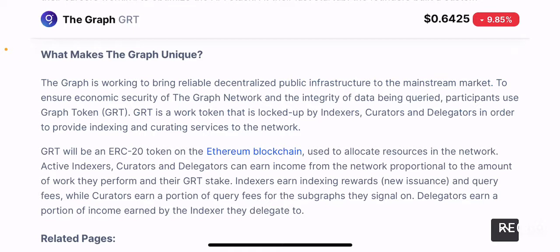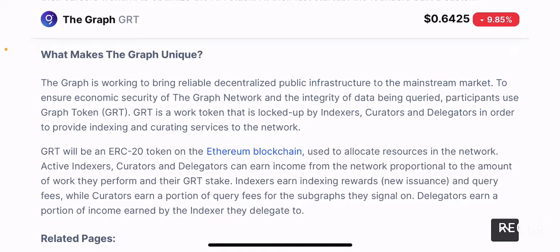So the main goal of the Graph project is to provide reliable decentralized infrastructure, like public infrastructure that can be accessed by the public, in order to perform all the cool things that they can do with DeFi, right?